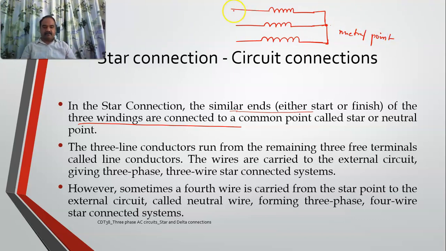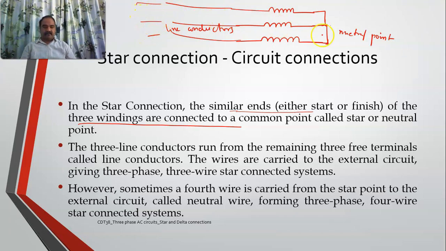Now the three line conductors run from the remaining three open terminals. These are called line conductors, and these will be given to your external supply, or to your external load or other external connections.